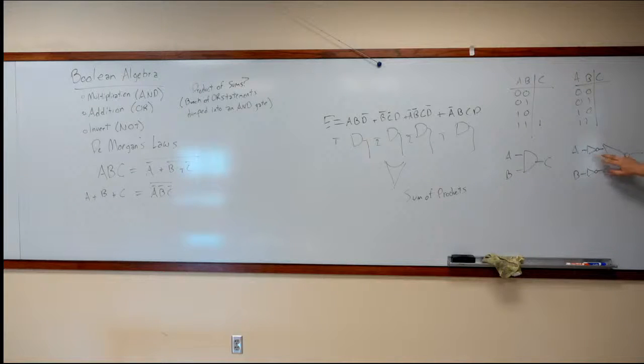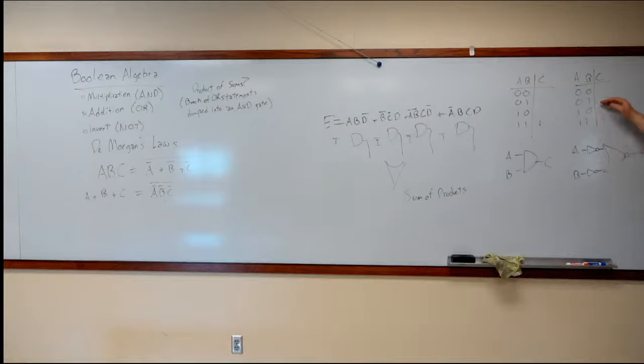If both A and B are off, then this is on. So the only way to turn this on is if both A and B are off, and the only way both A and B can be off is if both A and B are on. Which means we end up with the exact same truth table. It's crazy. Feel free to prove that to yourself.